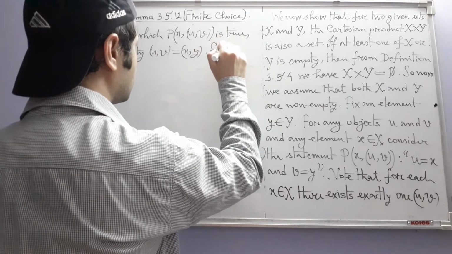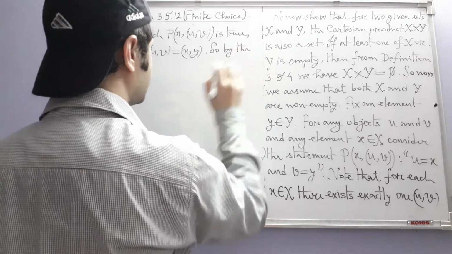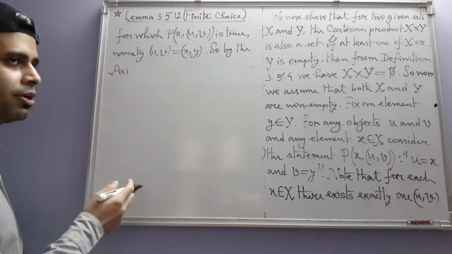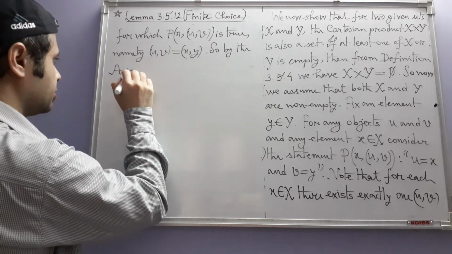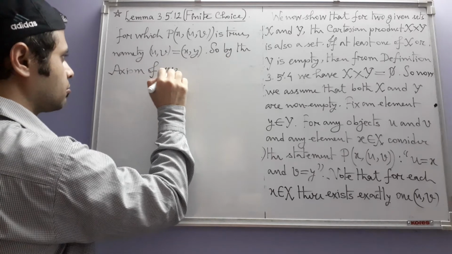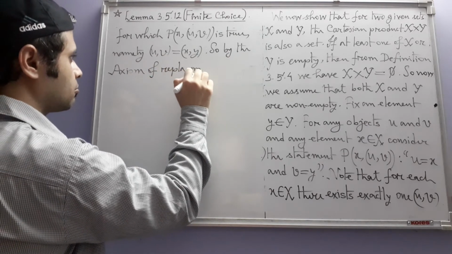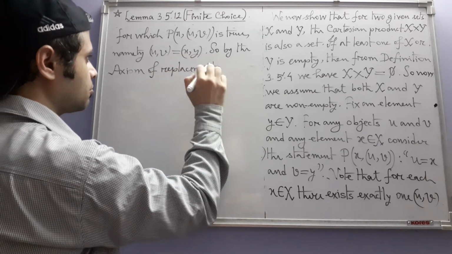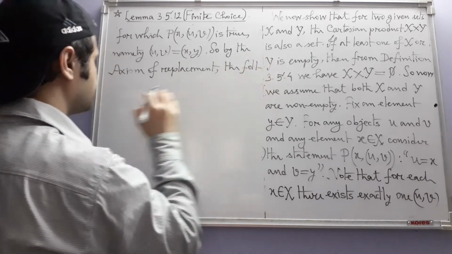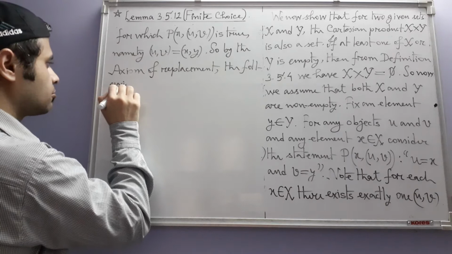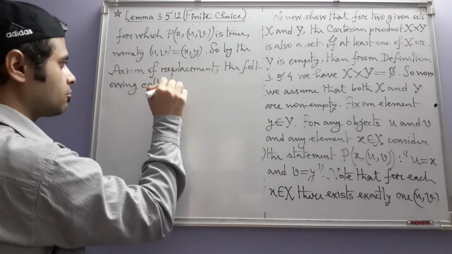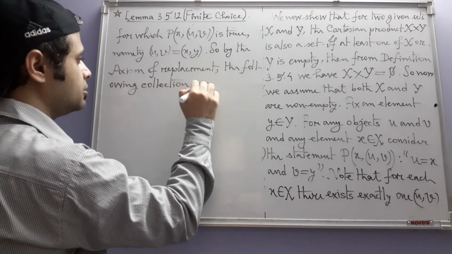So by the axiom of replacement, I think it is axiom 3.5, but I don't remember exactly. Let us just use the name. The following collection is a set.